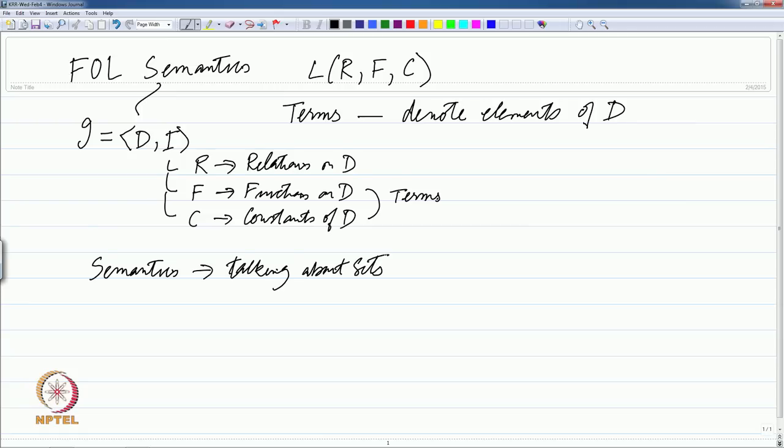And what is the set we are talking about? The set that we are talking about is the set D, which we have called the domain. Some books call this the universe of discourse, but it is made up of a set of elements essentially. And essentially what first order logic is talking about are some properties of elements in these sets.